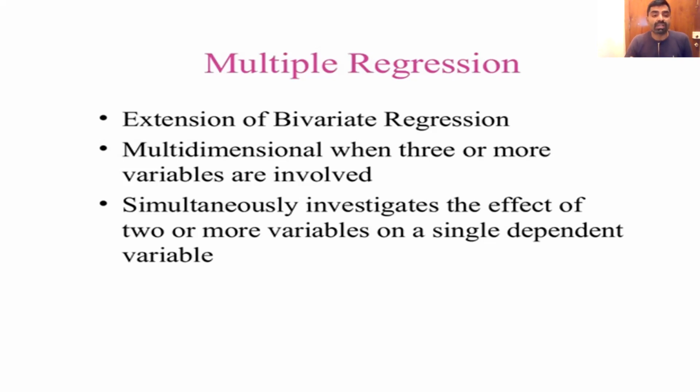But multiple regression is the extension of bivariate regression, meaning multi-dimensional. When three or more variables are involved at a time, we can use multiple regression. It simultaneously investigates the effect of two or more variables on a single dependent variable. That is possible with the help of multiple regression.